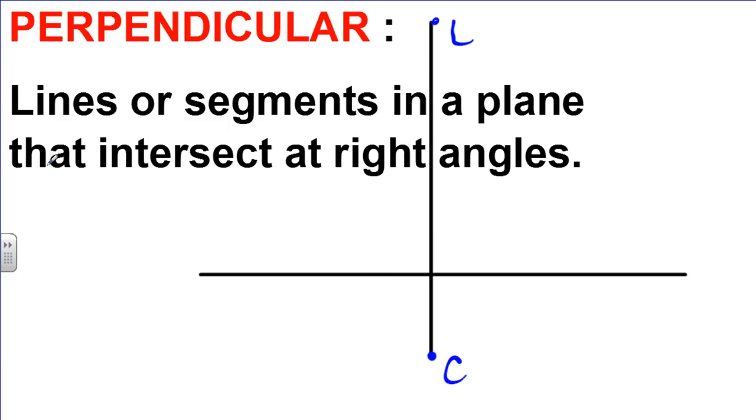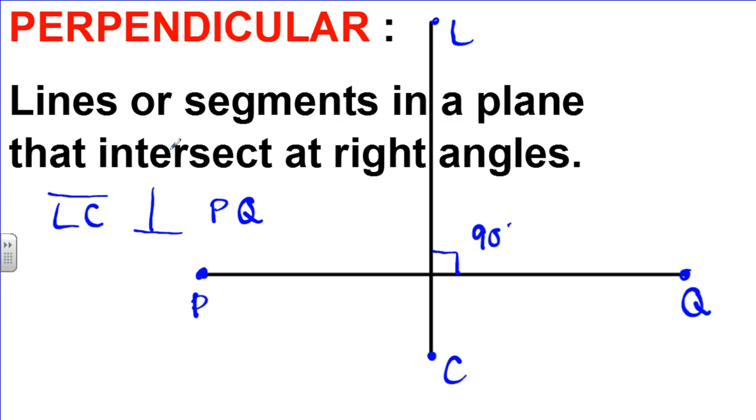This is segment LC intersecting with segment PQ at a right angle, and I have taken out the protractor and confirmed that that is a right angle. Therefore, you could say LC is perpendicular to PQ.